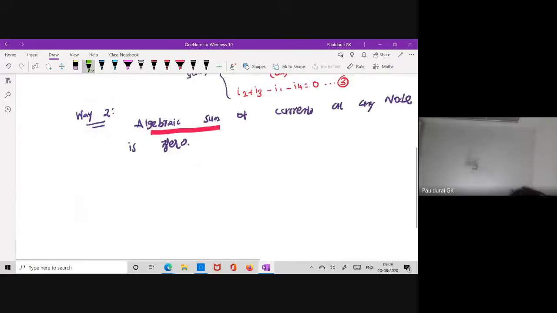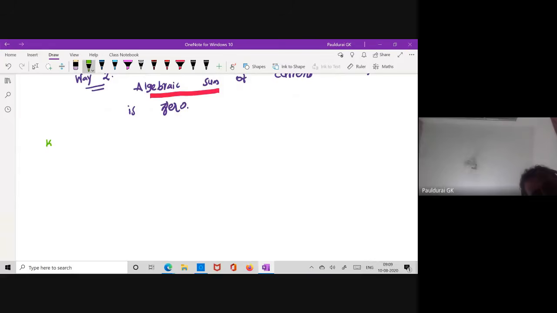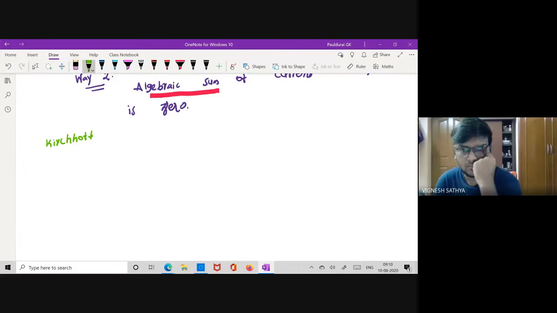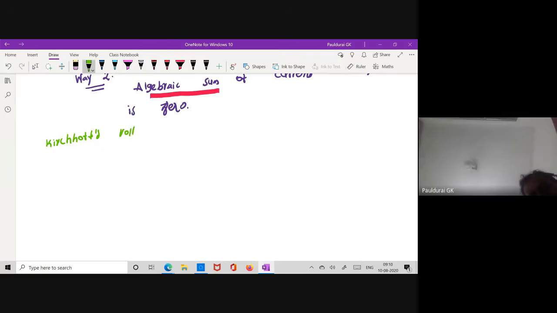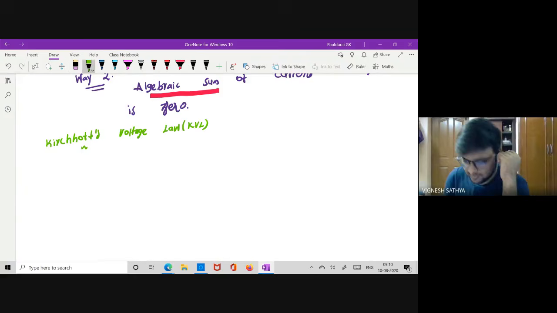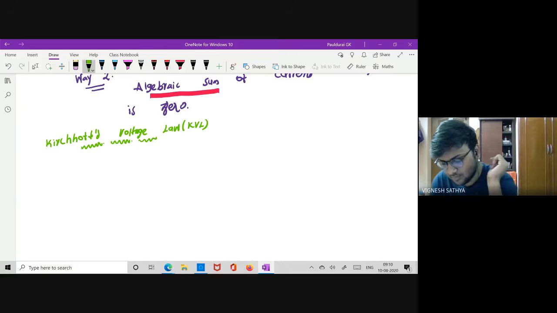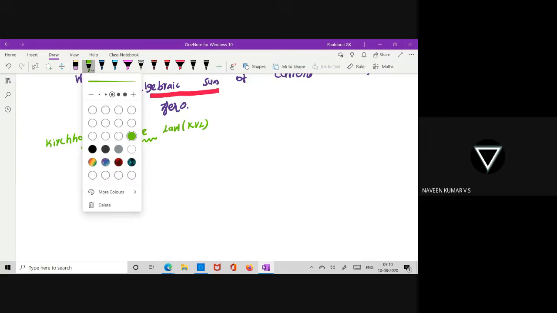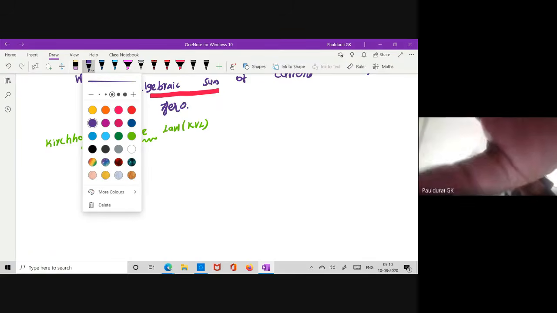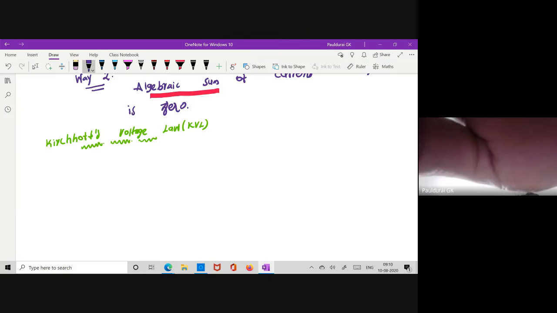So now I will move to KVL. What is KVL? Kirchhoff's voltage law. That we know. I'm asking for the definition. How will you define it? Sum of applied voltages equals the sum of dropped voltages. So where will you define KVL, at a node or at a loop?